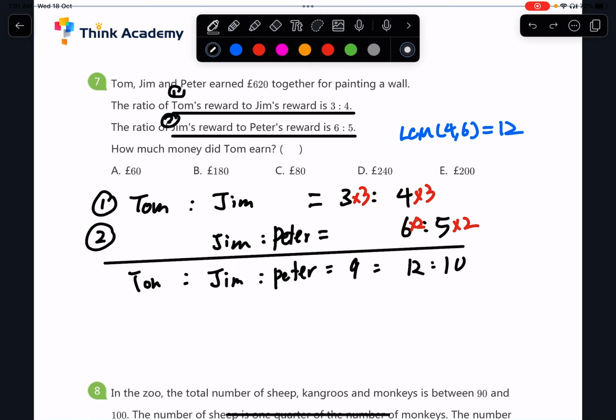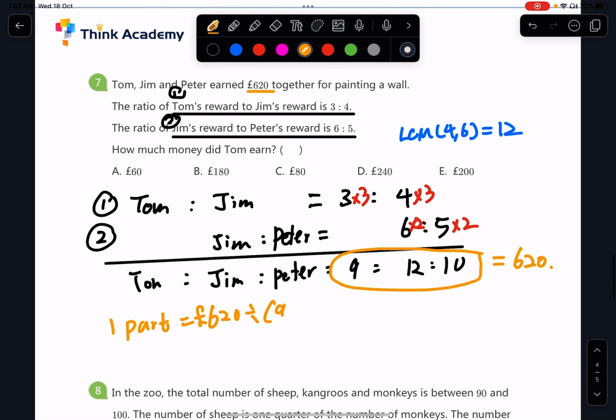Okay, so in total, the reward is actually 620, which means all the rewards add up to 620. So I want to find out what is one part of the reward, right? So how to find out one part? One part equals 620 divided by the total number of parts, and how many parts are there? 9 parts plus 12 parts plus 10 parts, right?